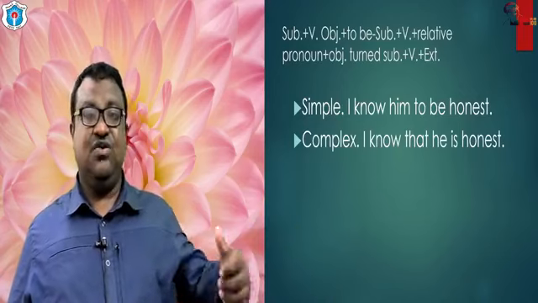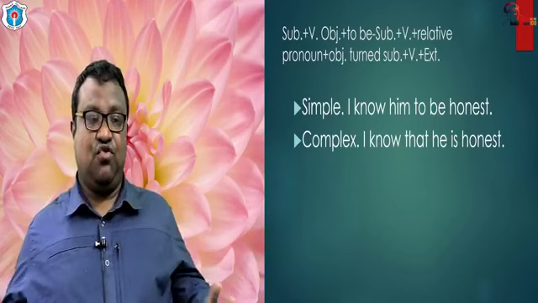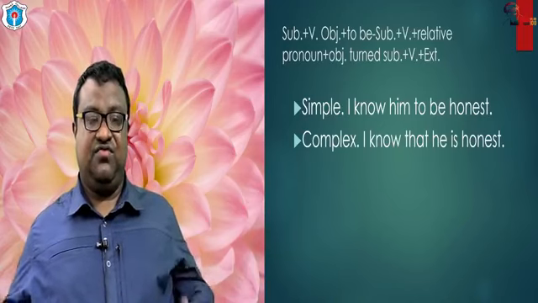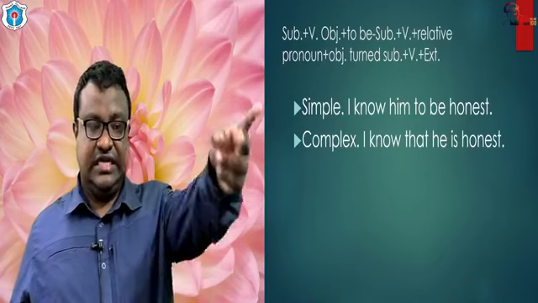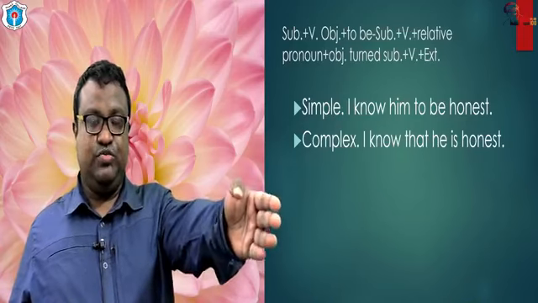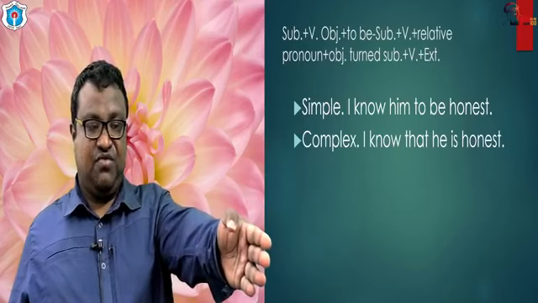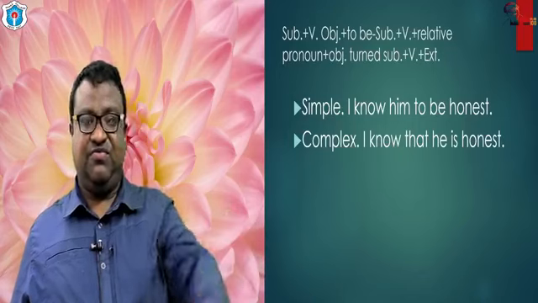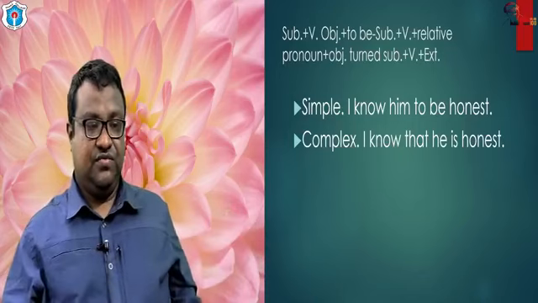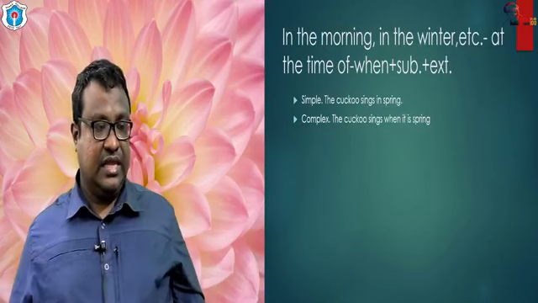I knew that he was honest. Tense can be changed, but of course with the to be verb, not anything else, because in the simple form the phrase to be is present, so always the relative pronoun and the subject will be followed by a to be verb. Then the extension will remain as it is.